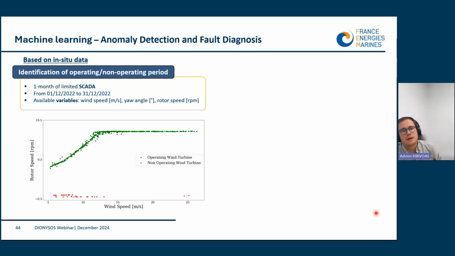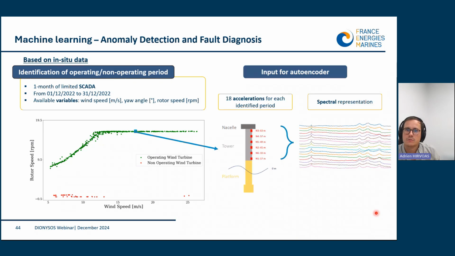And if we look at each period of the system, we can have access to the 18 accelerations obtained along the tower. And we will look at the spectral representation of this acceleration. And this spectral representation of the acceleration will be the input of our autoencoder.